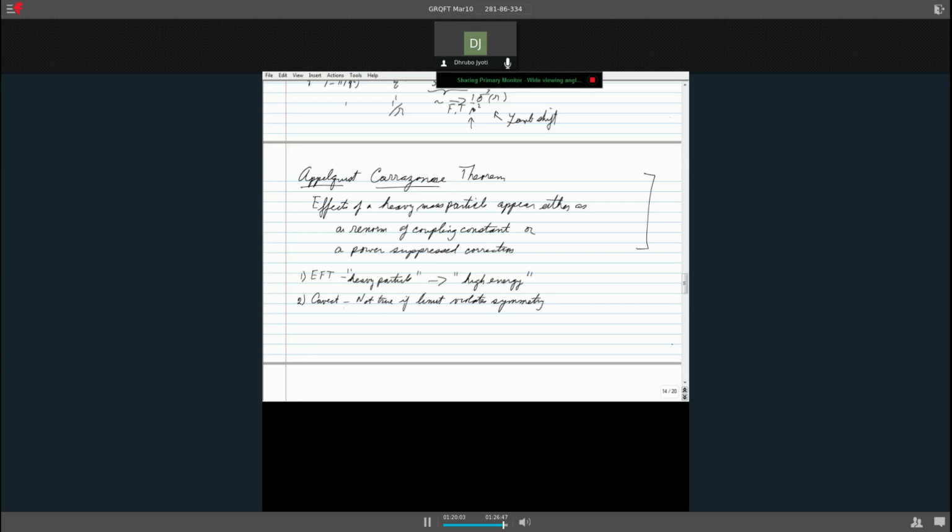So the stuff that goes into the coupling constant disappears into the measured value, and then the power suppressed part is small. So that's why quantum calculations can work.